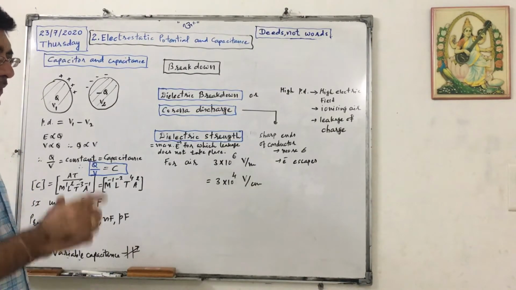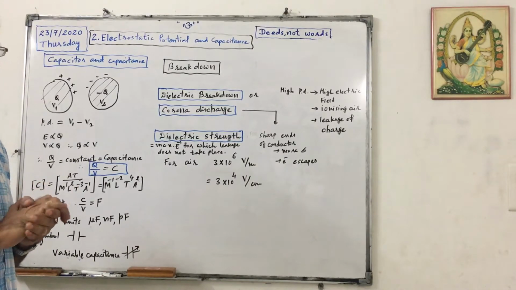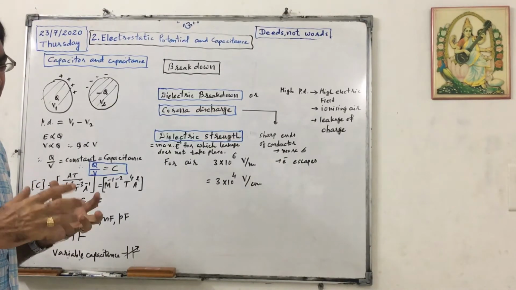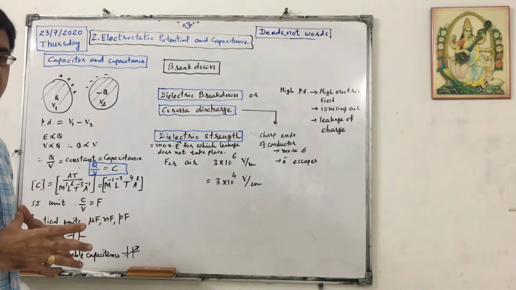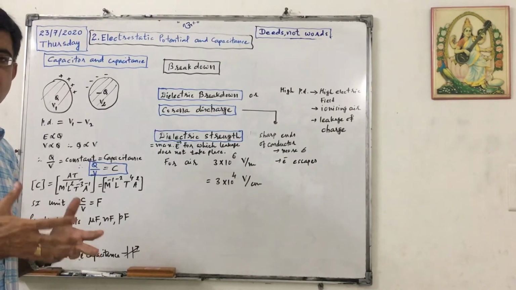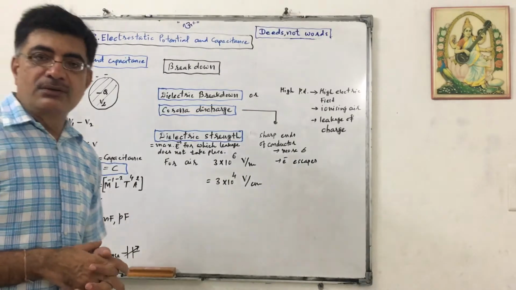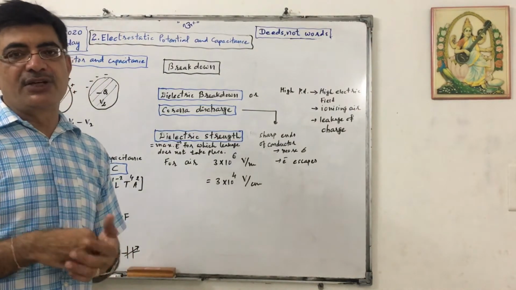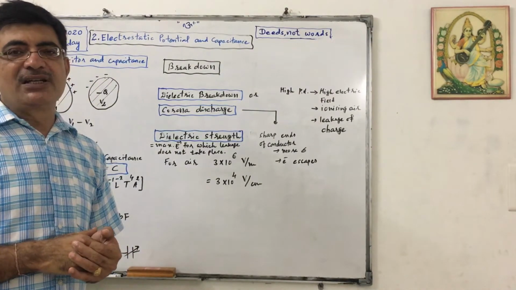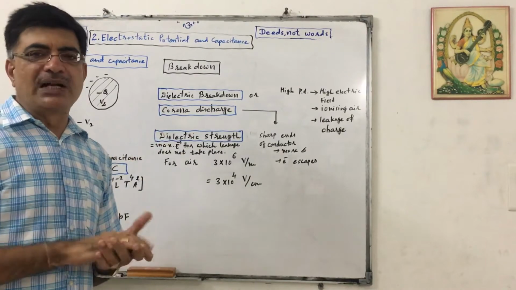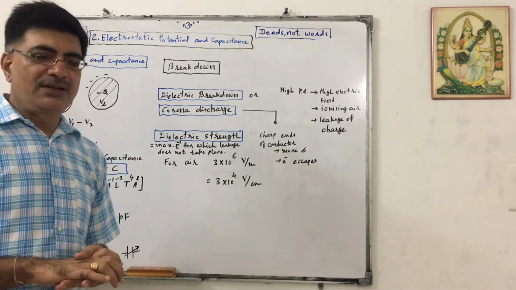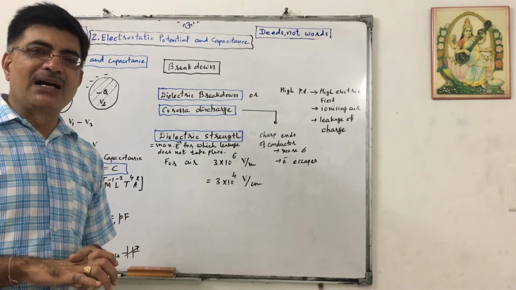Now, we know that if we keep on storing charge on a conductor, the electric field surrounding it will increase because E equals kq by r square. So E is proportional to Q. Similarly, we know that V equals kq by r.